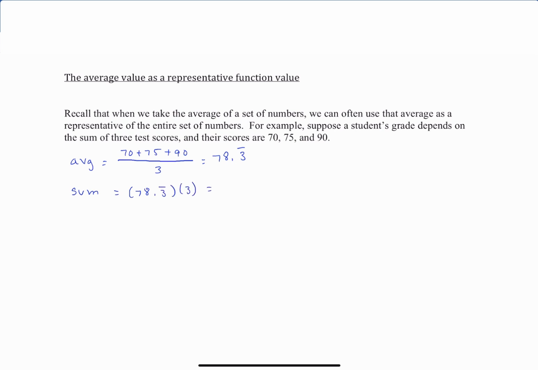And that gives you the actual sum of 70 plus 75 plus 90, which is 235. So multiplying the average score by 3 gives you the same numbers as if you actually added up the three numbers. Something similar is going on with our function average.